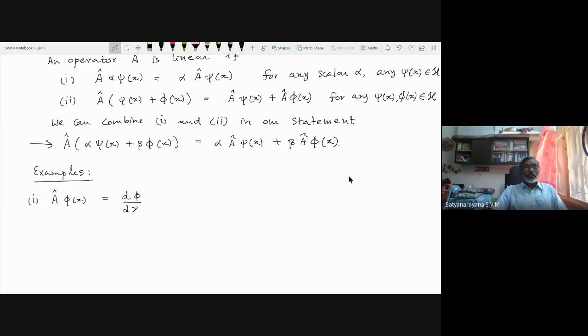This is taking the differentiation of the function phi of x. If I take sin x, I will get cos x. If I take tan x, I will get secant square x. If I take e to the power x, I will get e to the power x. If I take 2x, I will get 2. If I take x square, I will get 2x, and so on. So the input function is one thing and the output function is something else. So this is an operator. Now you can check that this operator will satisfy the linearity condition, so this operator is a linear operator.